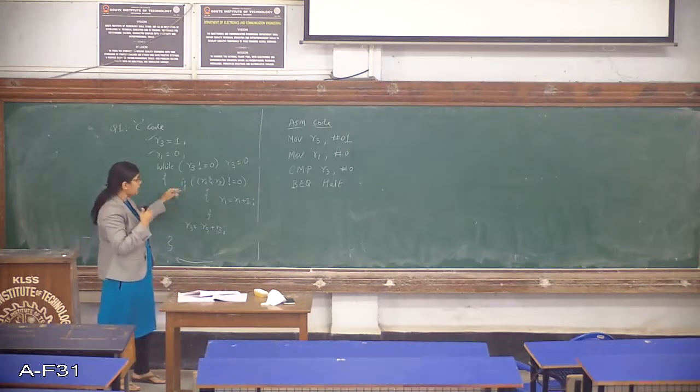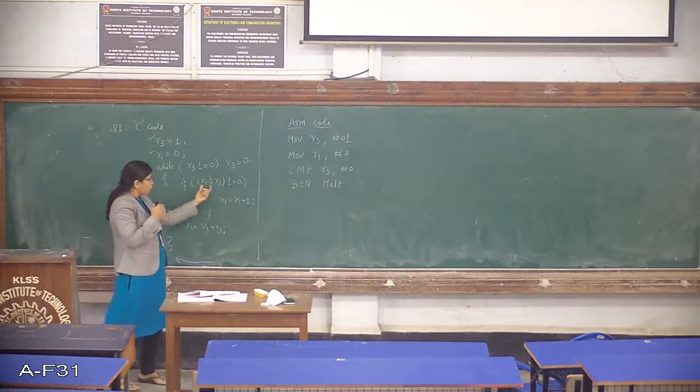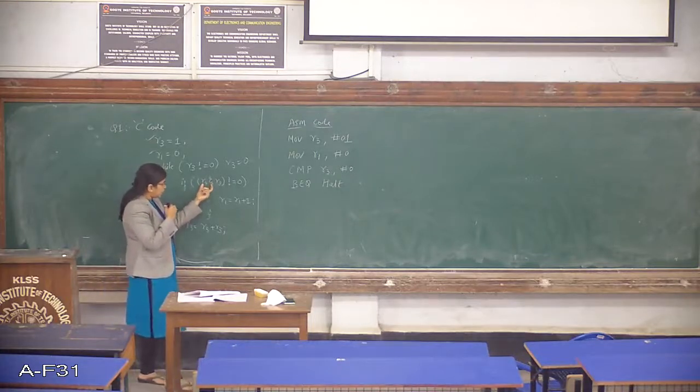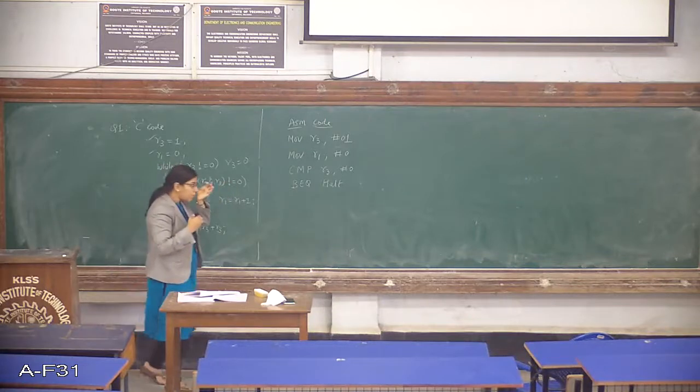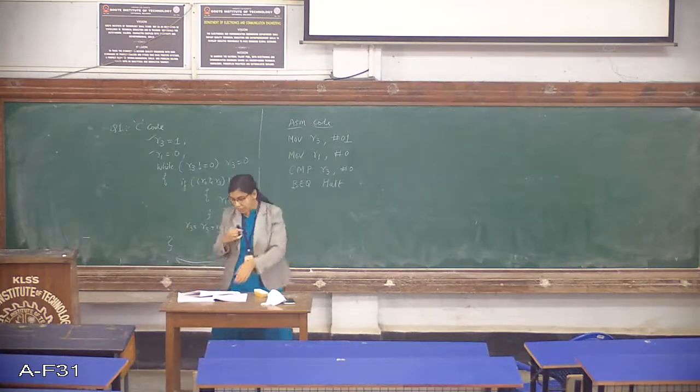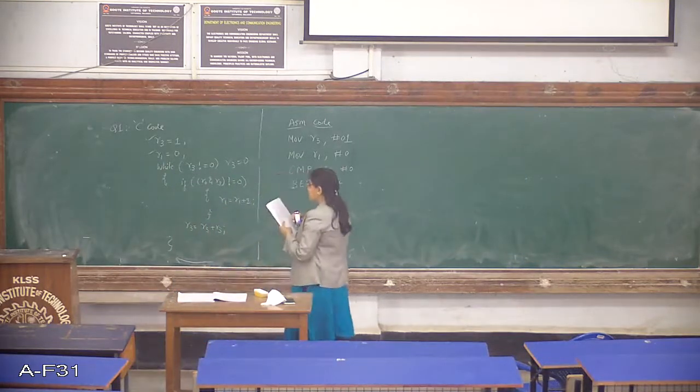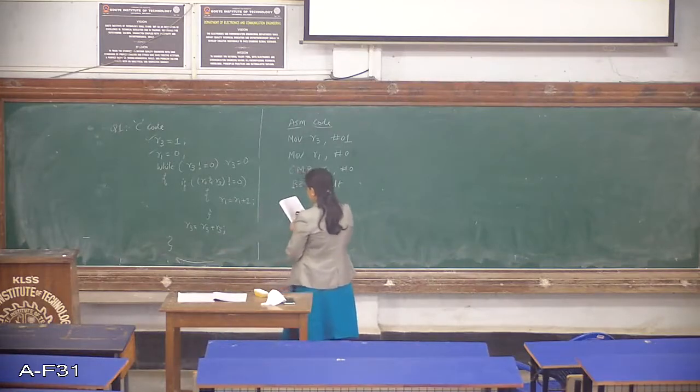What is this if statement doing? In the if statement condition, you're ANDing R0 with R3 and then checking whether this is not equal to 0. So I need to perform an AND operation for the registers R0 and R3 here.